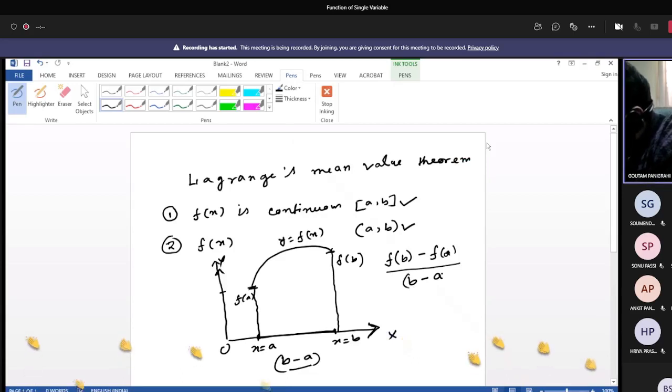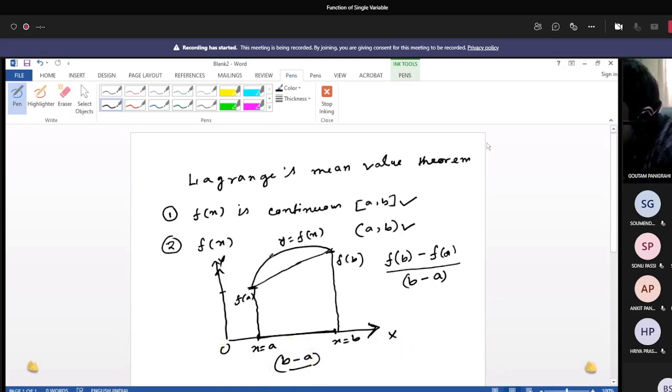So Lagrange's mean value theorem tells that there must be some point on the particular function where the mean increase is equal to the increase at that particular point. So you can easily write f'(c) equals (f(b) minus f(a)) by (b minus a).